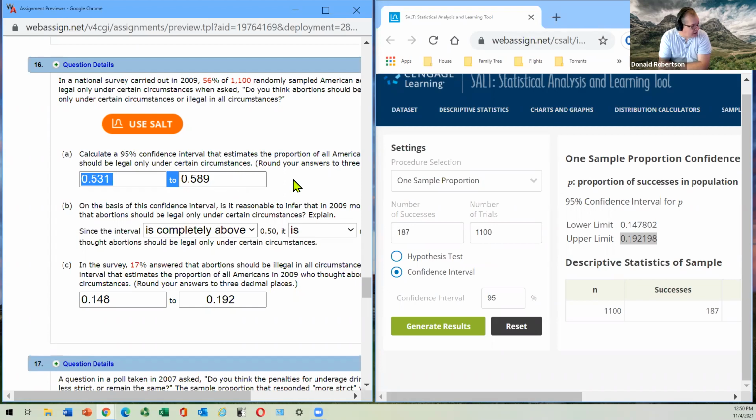Why could I say less than 60%? All the numbers in that interval are less than what value? Aren't they all less than 0.6, which is what 60% is?